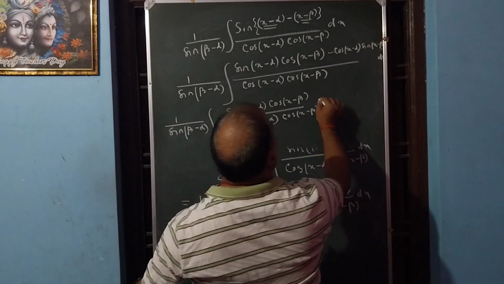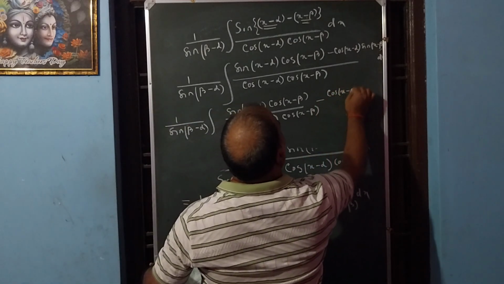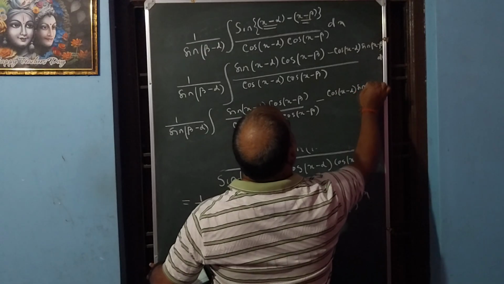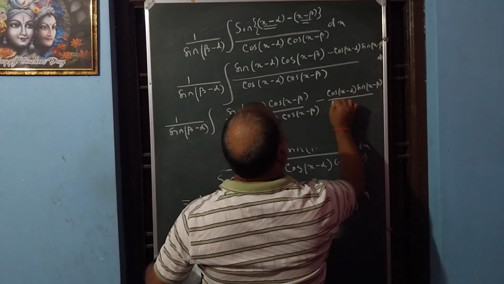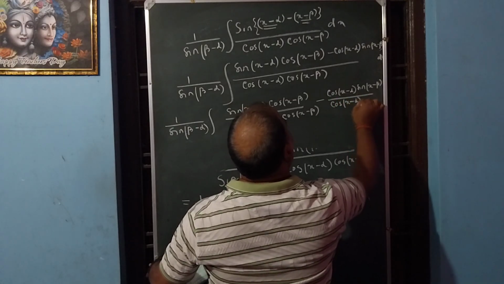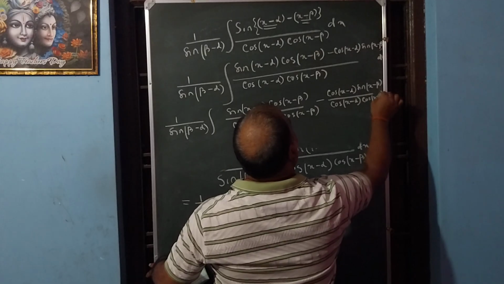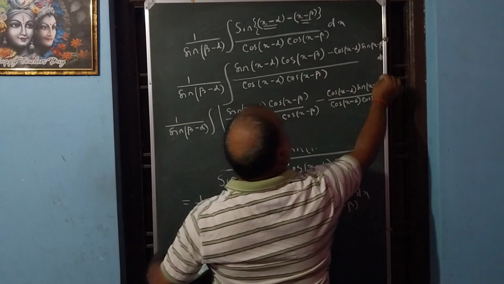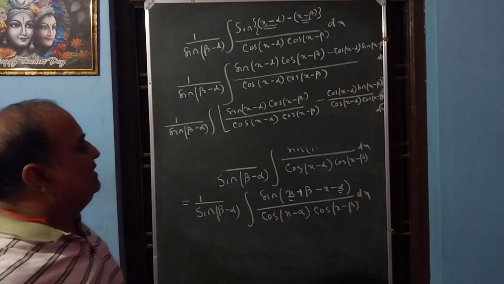Okay, then minus cos(x minus alpha) into sin(x minus beta) divided by cos(x minus alpha) into cos(x minus beta), whole into dx.